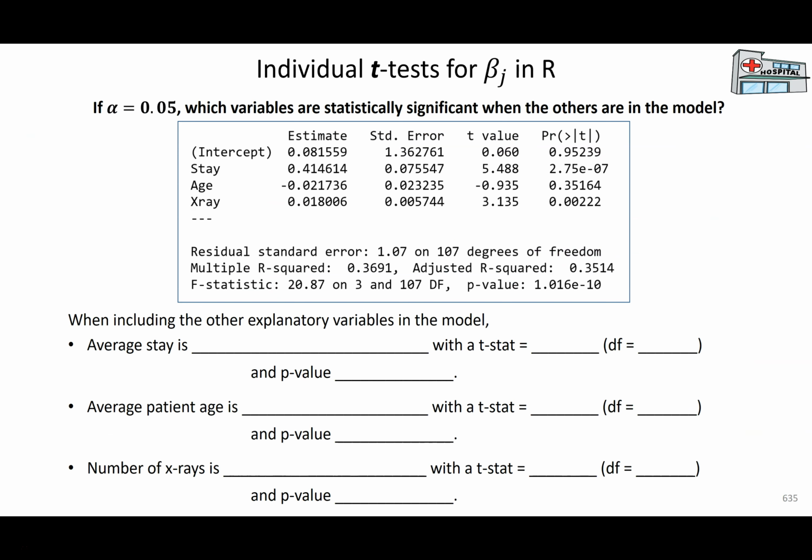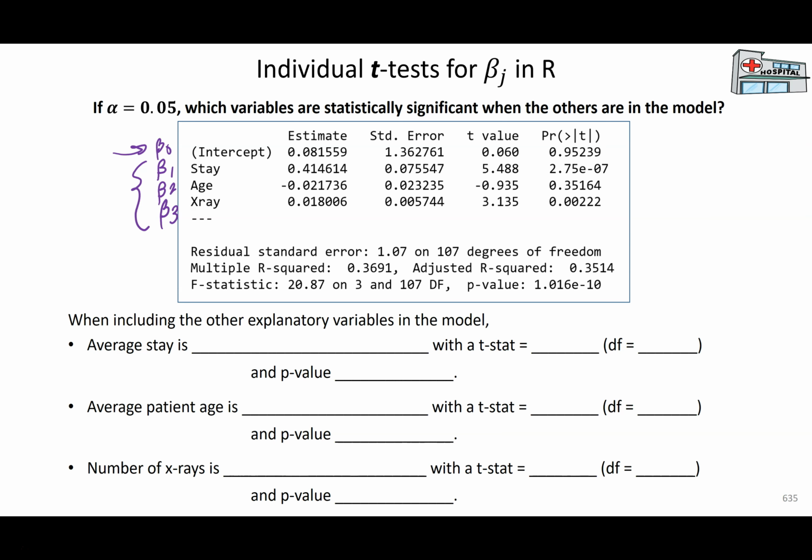So looking here, we never ever test for beta naught pretty much. It's odd to get rid of a y-intercept. It forces stuff through the origin and things get really goofy. We don't do it too often. So we're interested in slope coefficients. We're interested in beta 1, beta 2, beta 3.